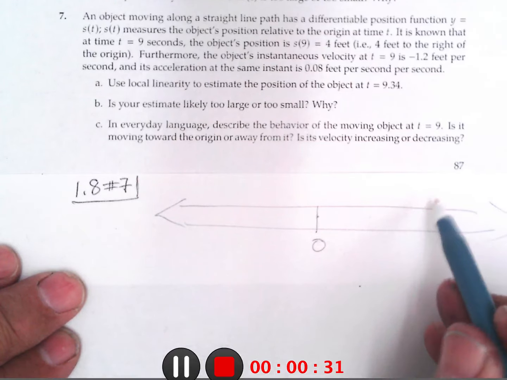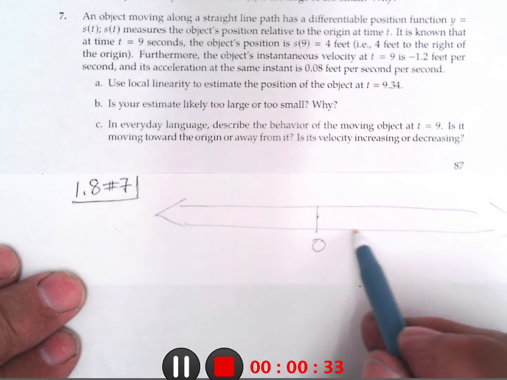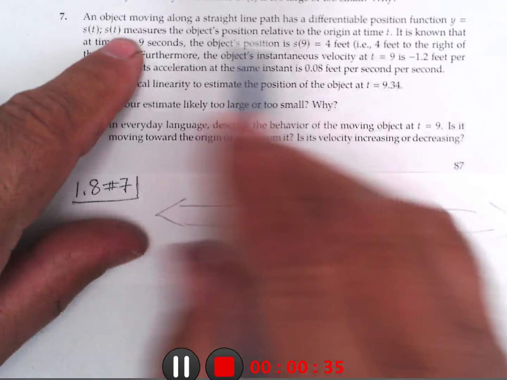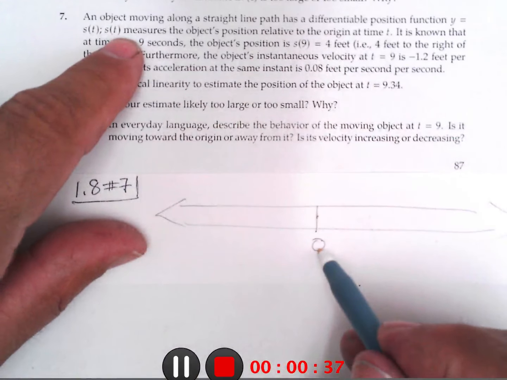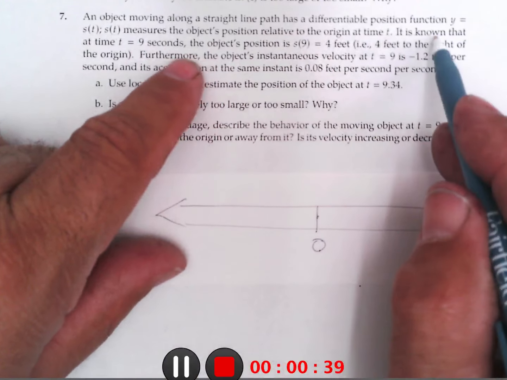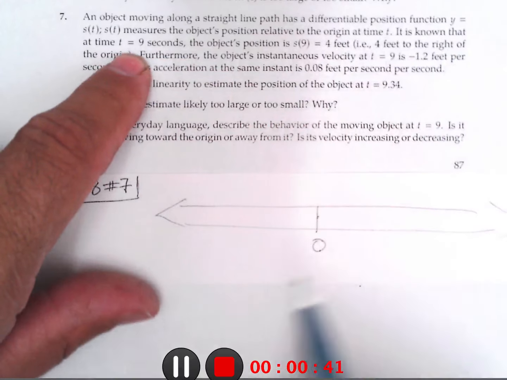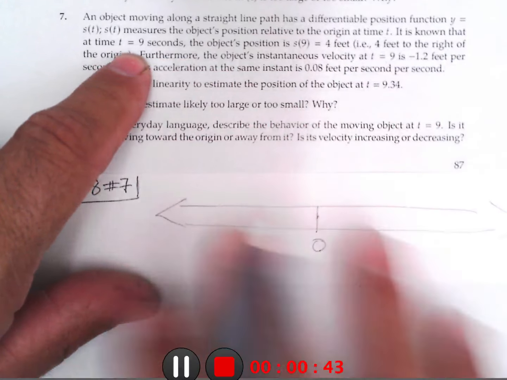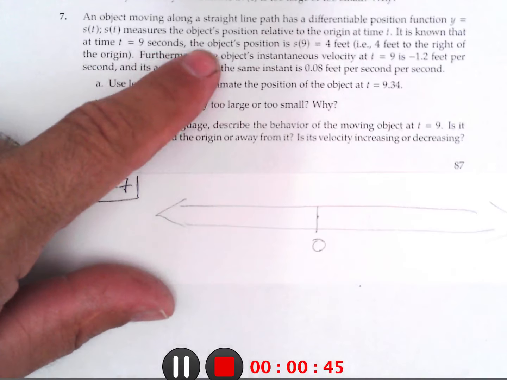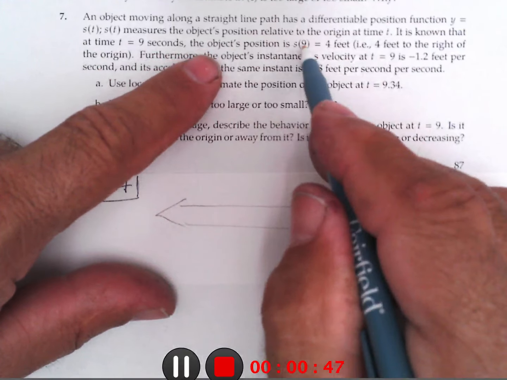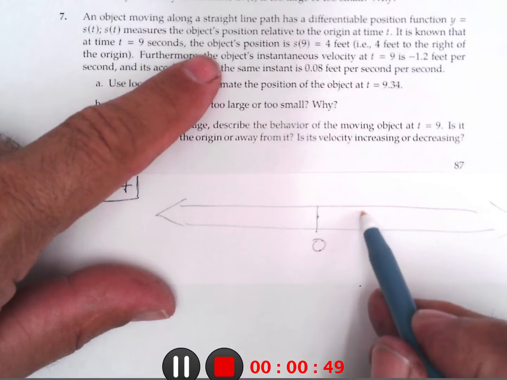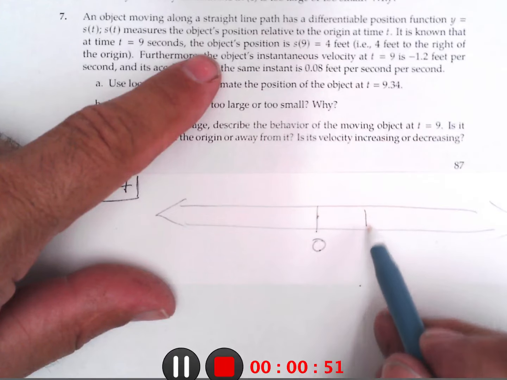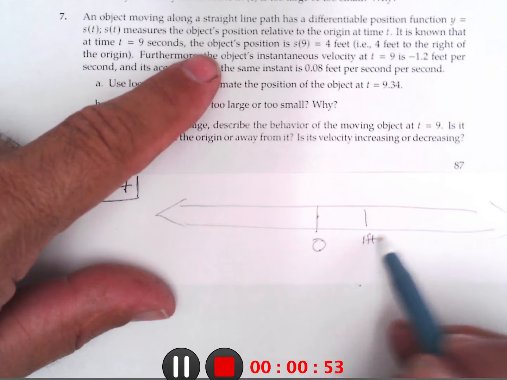And it's moving along the straight path from the origin, and it is known at 9 seconds. So 9 seconds into this, the object's position at 9 seconds is 4 feet. So over here, we're going to mark it: 1 foot, 2 foot, 3 foot, 4 foot.